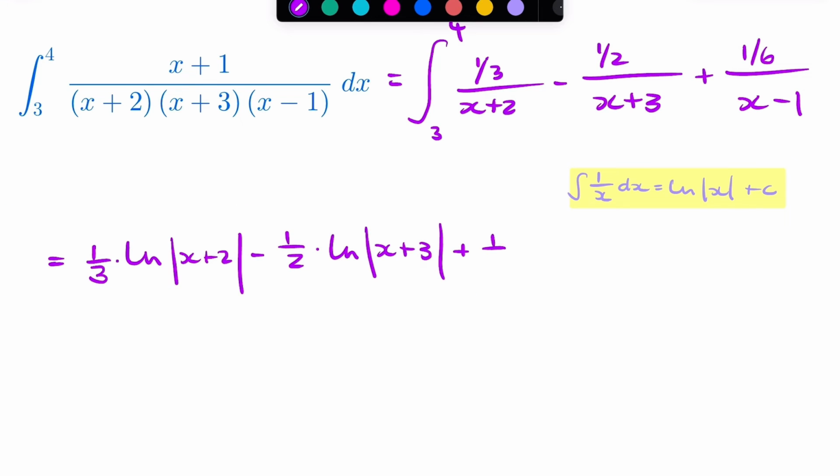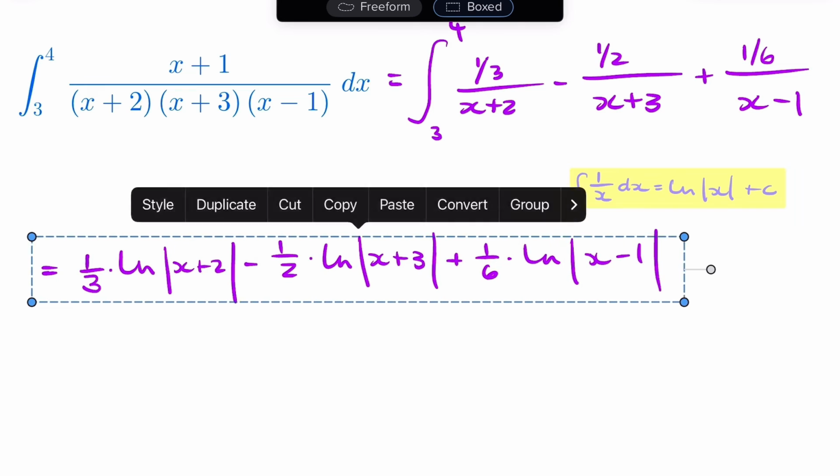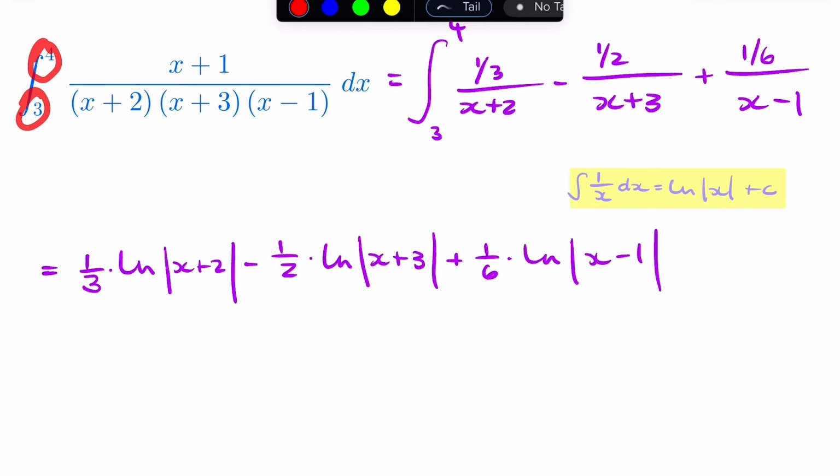Plus 1 over 6 ln x minus 1. And I'm not going to add a constant because it's a definite integral. We have these limits. So we don't add a constant.